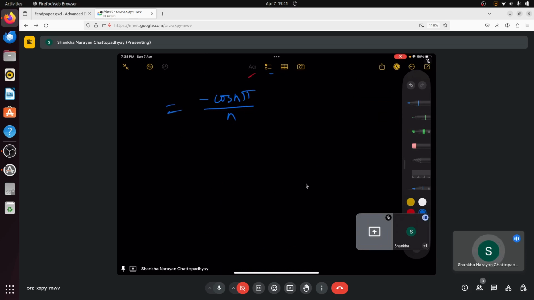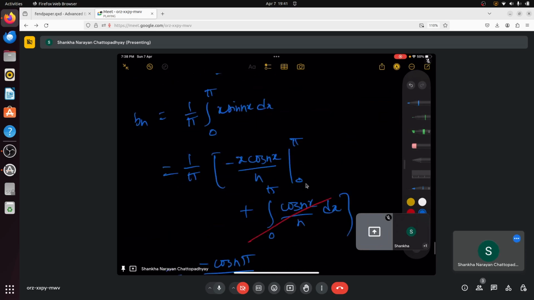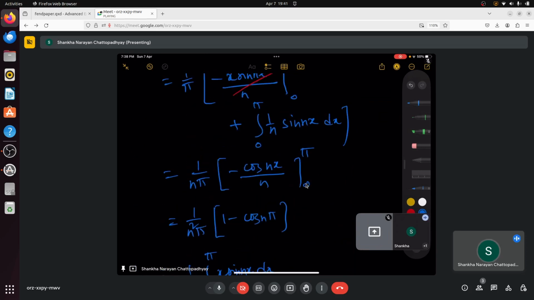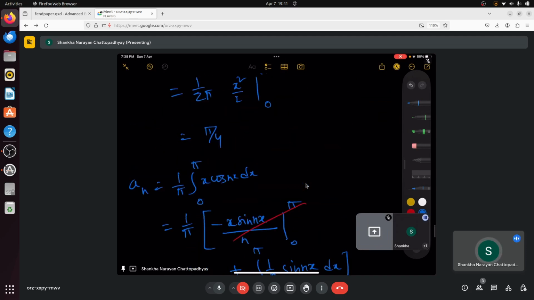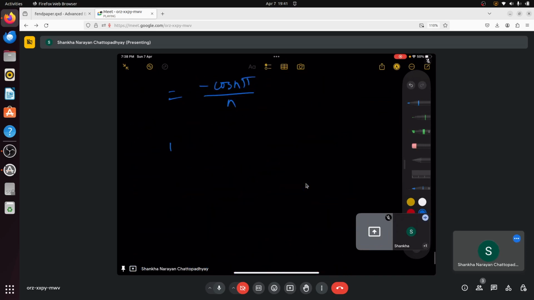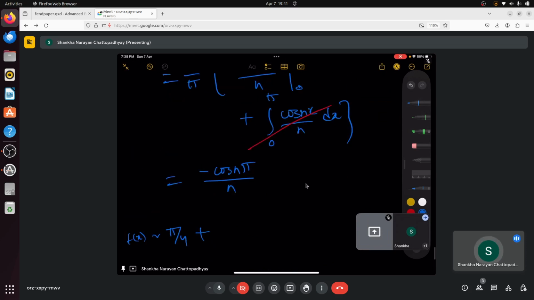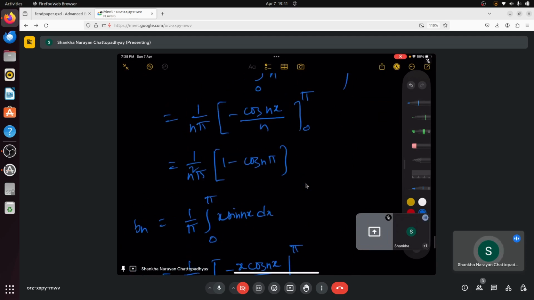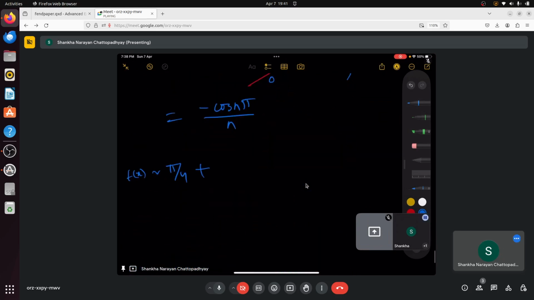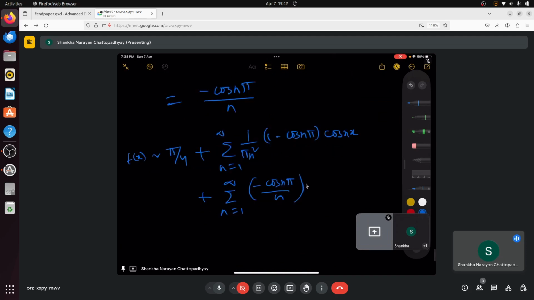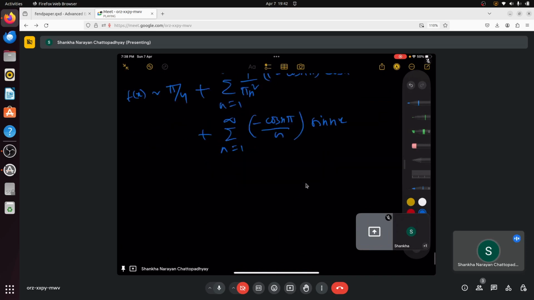So the Fourier series becomes pi by 4 plus, in place of an, 1 by pi n square, 1 minus cos n pi, cos nx, plus the sum from n equals 1 to infinity of minus cos n pi by n sin nx.